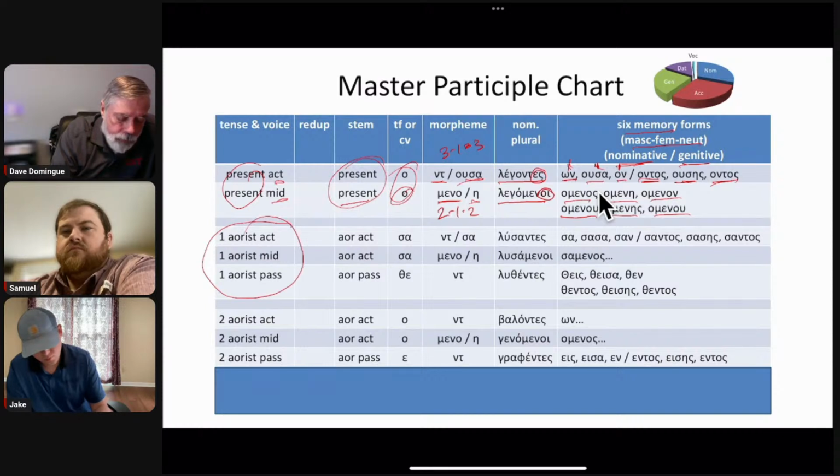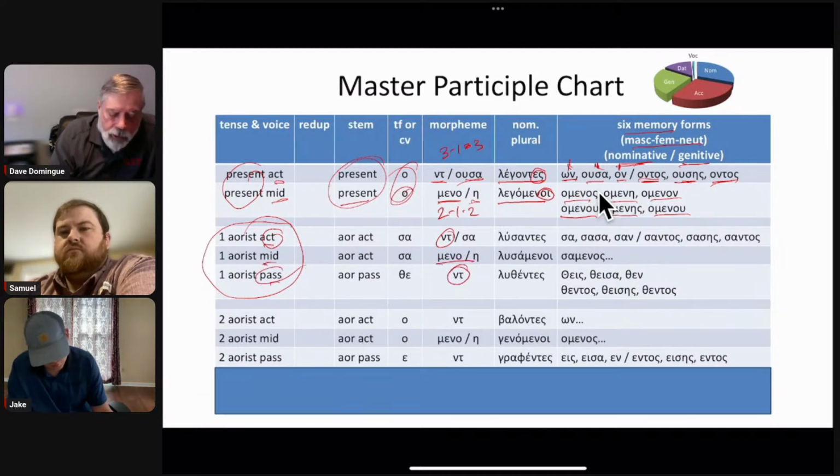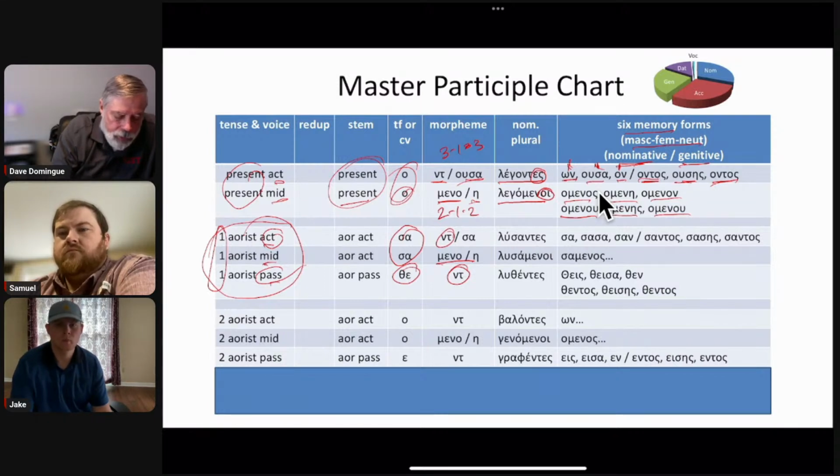First aorist, active, middle, and passive. Active will be the new tau. Passive will be the new tau. Middle will be the minna, minne. The first aorist is going to use the sigma alpha for the tense formative, and for the passive, the theta eta. First aorist. Okay. Second aorist, active, middle, passive.